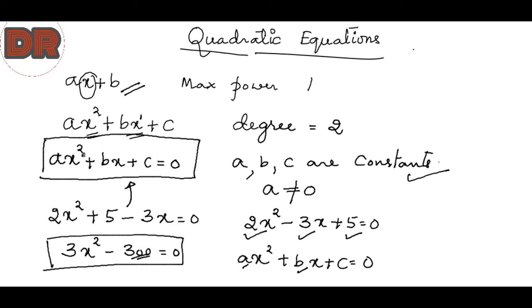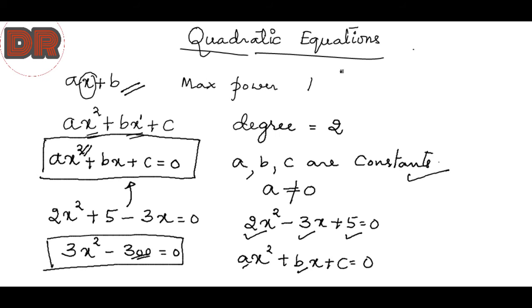Because the maximum power of the variable is 2. So we will get two x values, and the solutions are the roots of the quadratic equation, so we get two roots.